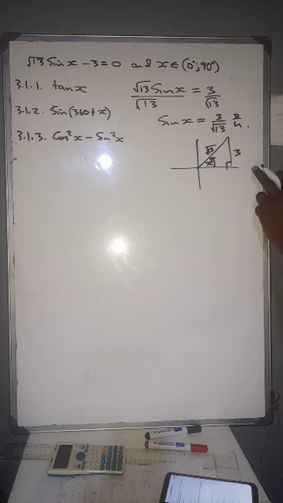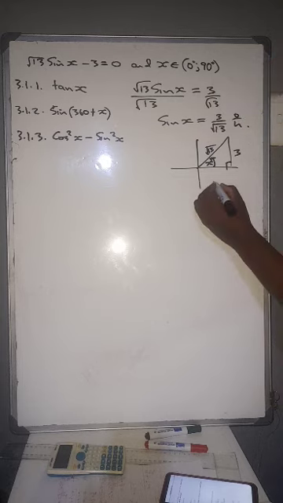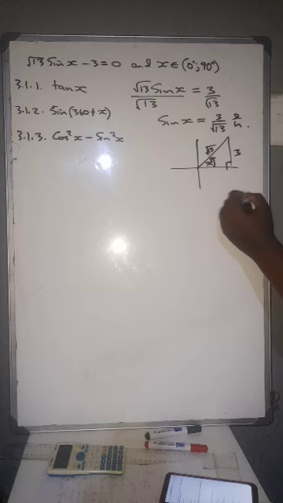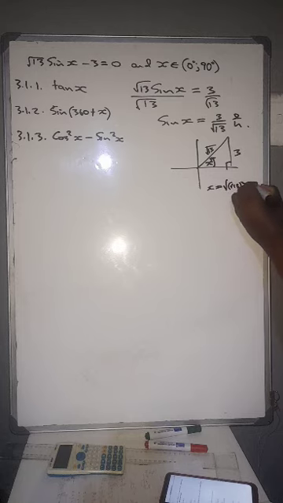So our Pythagoras theorem tells us that the square of this side added to the square of this side is equal to the square of that side, and then put square root to both sides. In this case our x will be equal to the square root of root 13 squared minus 3 squared.